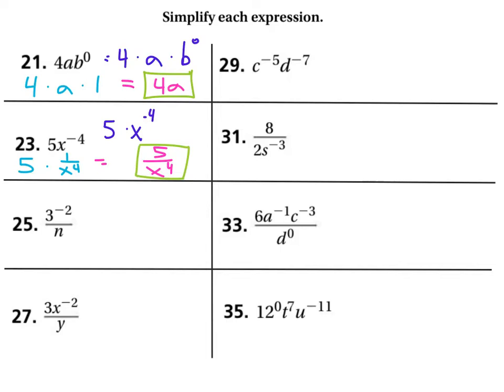Okay, let's keep going. A fun thing to know is that the negative of an exponent takes whatever the base is and jumps it to the other side of the fraction bar. So if we were looking at number 25 here below, this 3 to the negative 2 power is actually going to jump to the bottom as 3 to the positive 2 power.